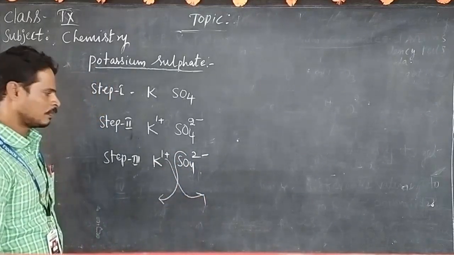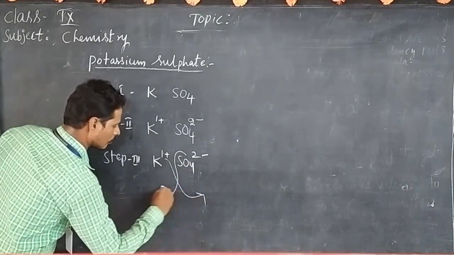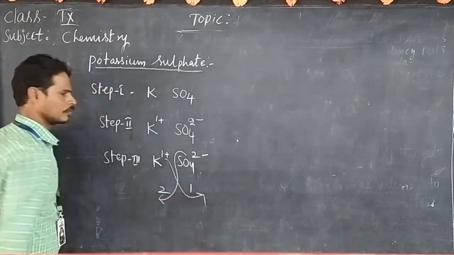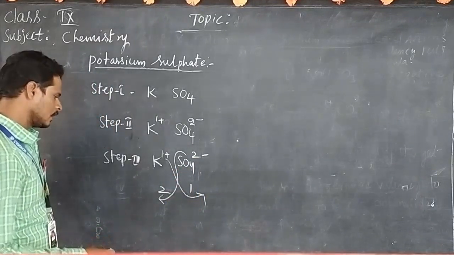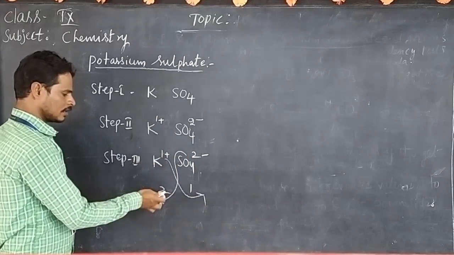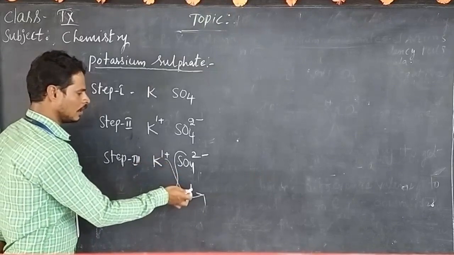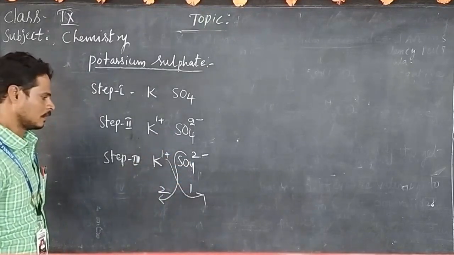What is the fifth step? Here, the anion number tells about the cations involved, and the cation number tells about the anions that participate.